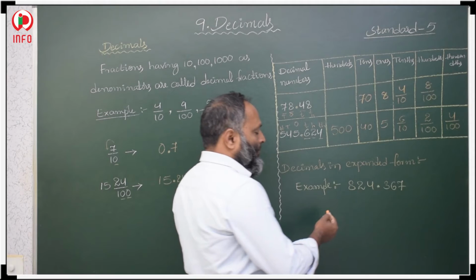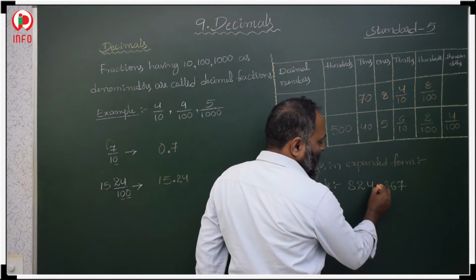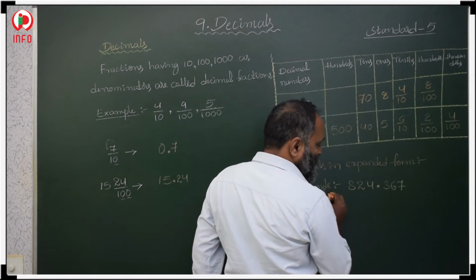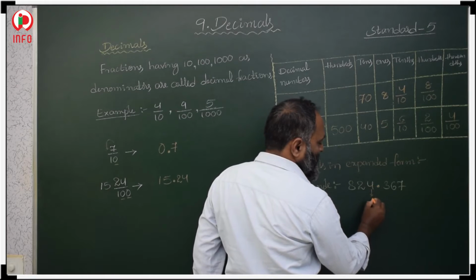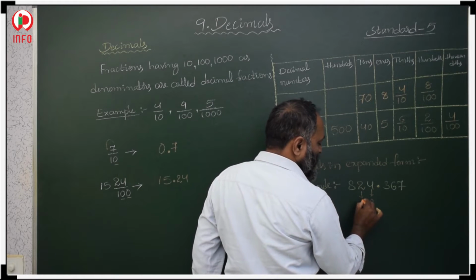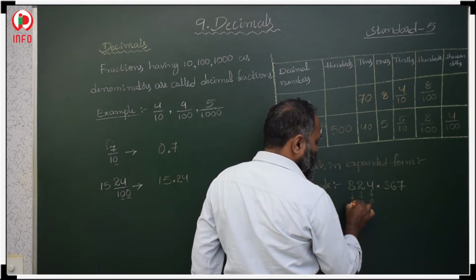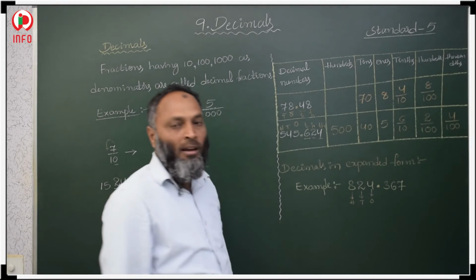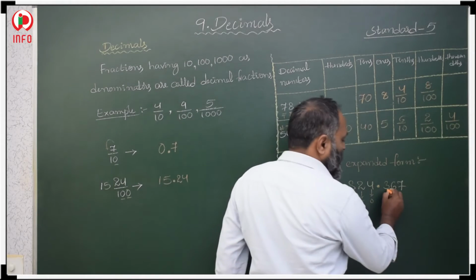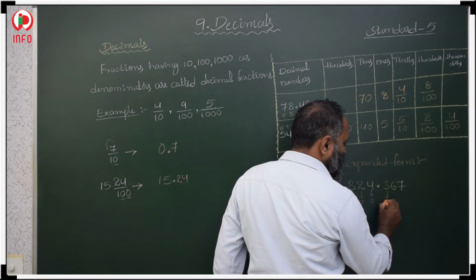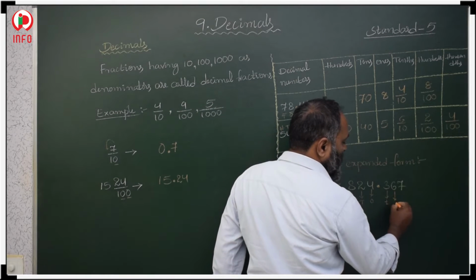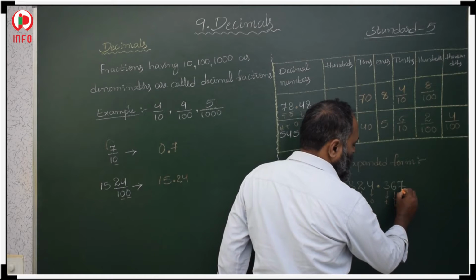See here, the first one is the decimal point's left side values. This is ones place, this is tens place, and this is hundreds place. On the right side, 3 is in tenths place, means small t. 6 is in hundredths place, means small h.